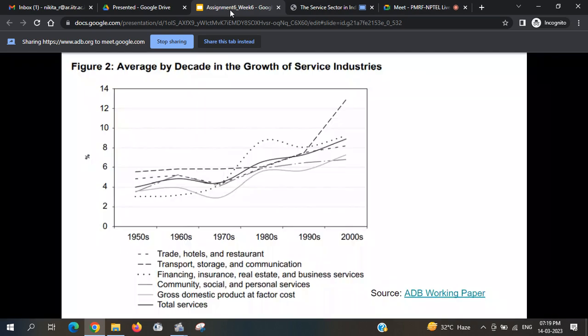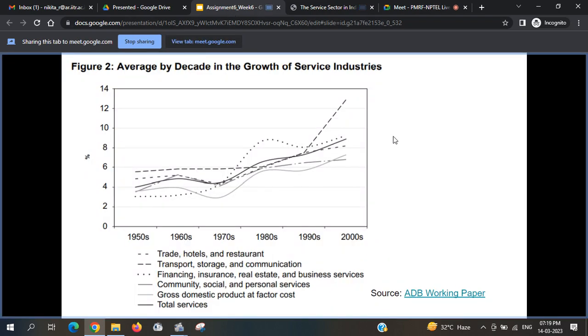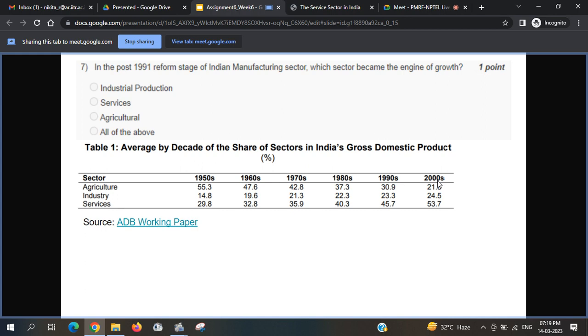So I hope this is helpful to you, and you can go ahead and read the document if you want to know further about the growth of service sector in India over time. So I think this question is clear, that post 1991 reform stage of Indian manufacturing sector, the service sector became the engine of growth.